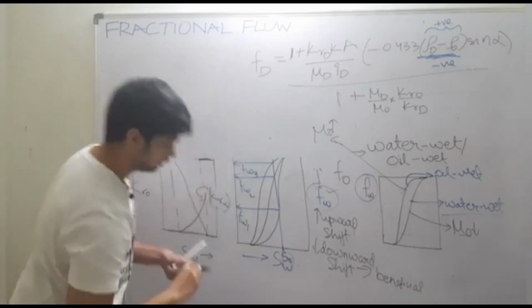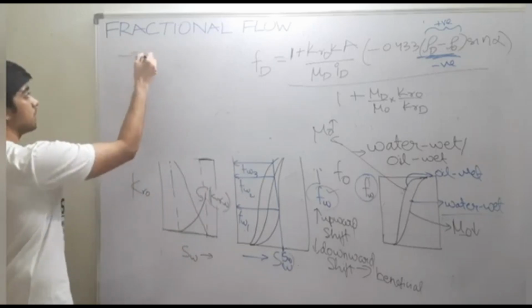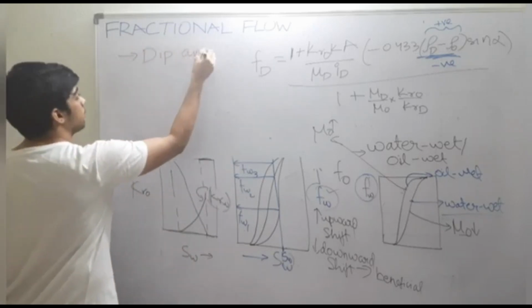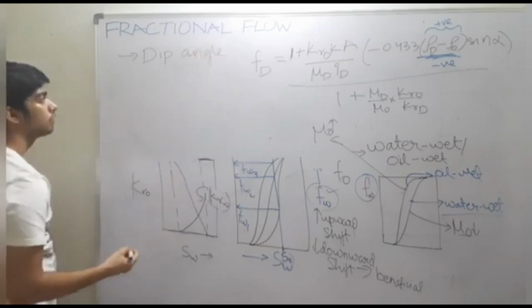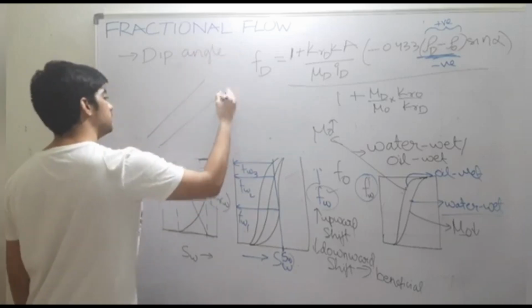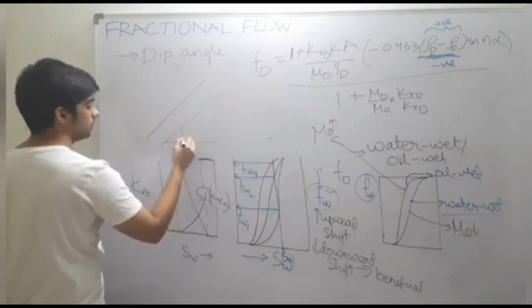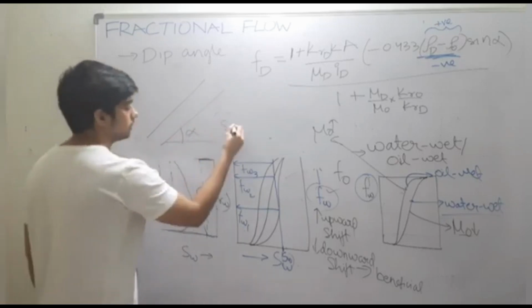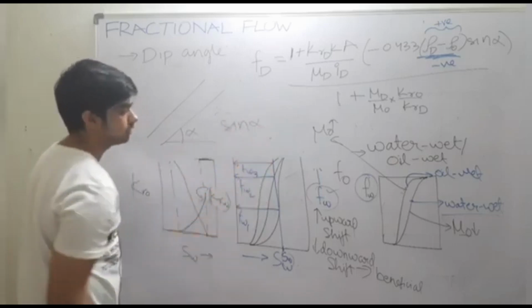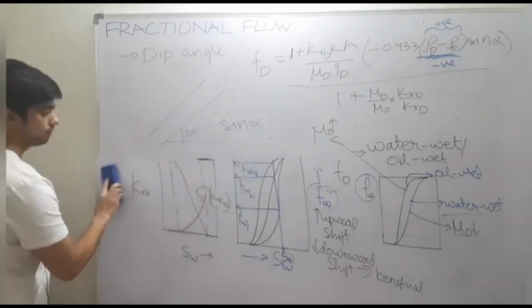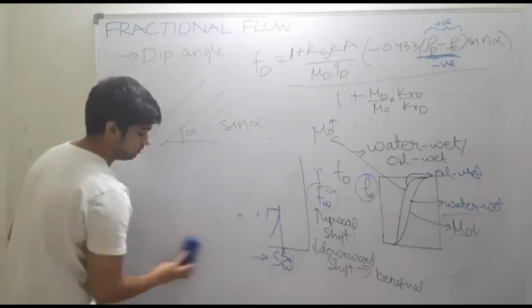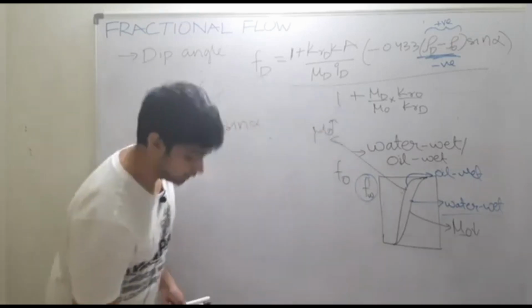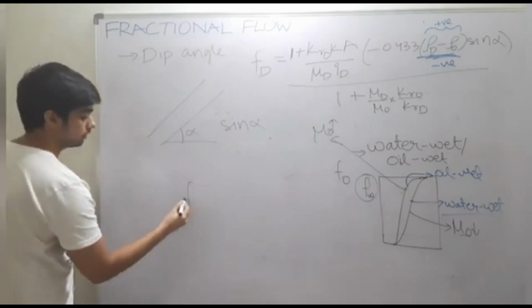Now the next factor will be dip angle. So this is your dipping reservoir, alpha is your dipping angle. In this case, sin alpha will remain positive. Now let me write the compressed form of this equation.